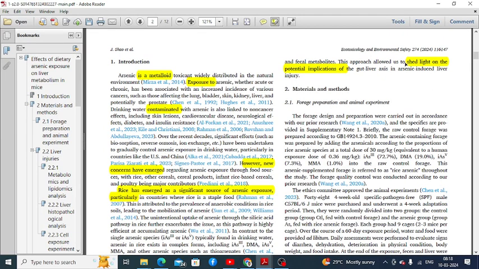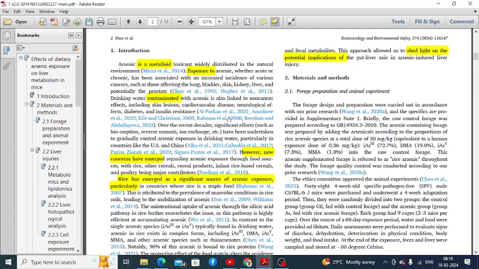So the significance of the work is to shed light on the potential implication of this arsenic, food arsenic, on the gut liver axis. So that is the significance. They basically want to know how dietary arsenic intake affects the gut microbiome. So that is their interest here.